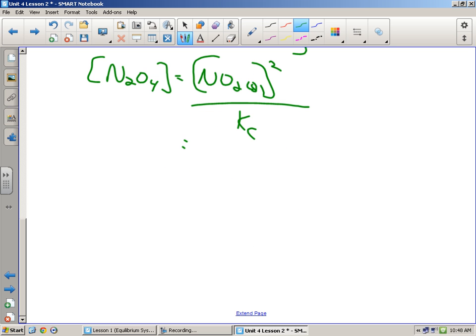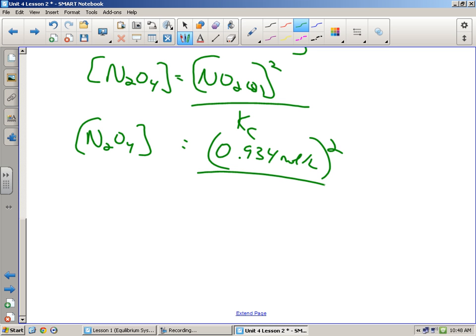So N2O4 concentration is equal to NO2, which is what? 0.934 moles per liter squared over 375. And all said and done, you'll get 0.002326 moles per liter.